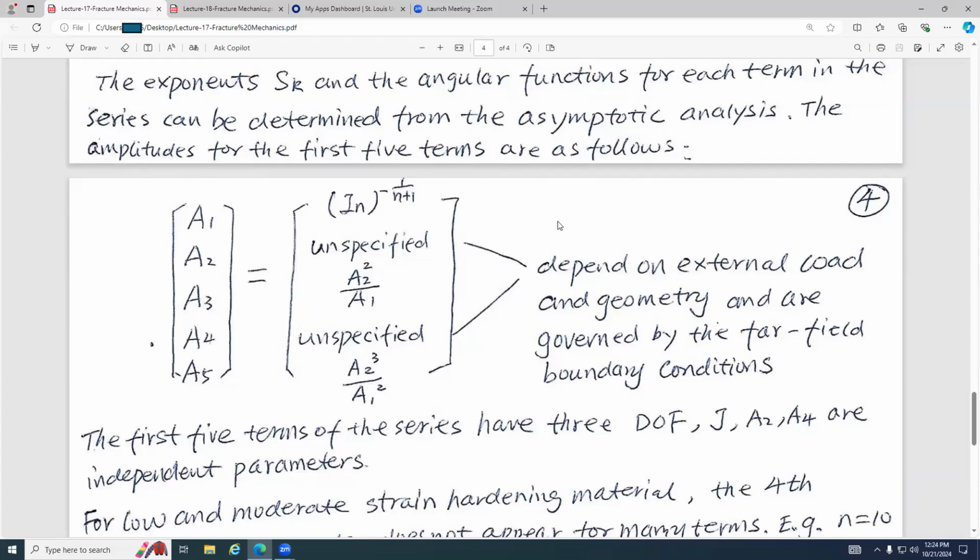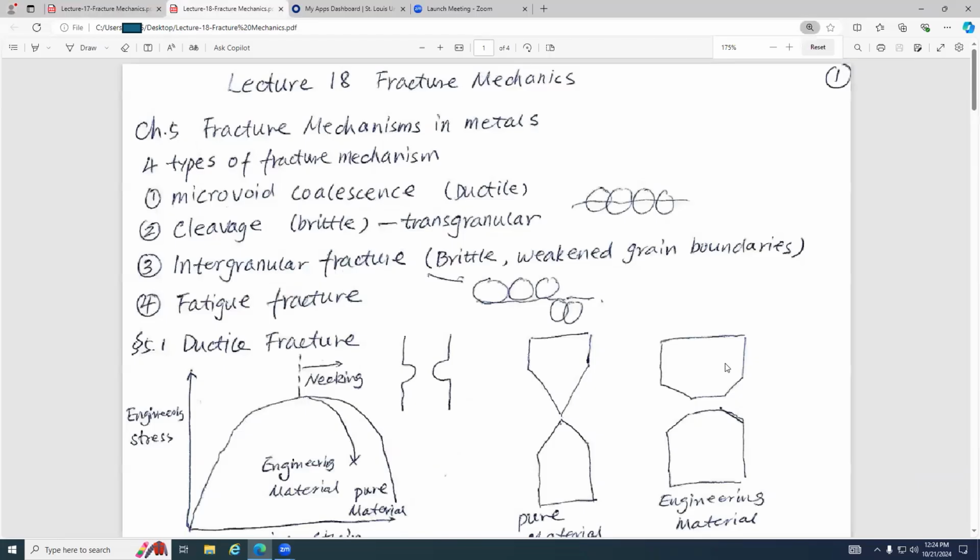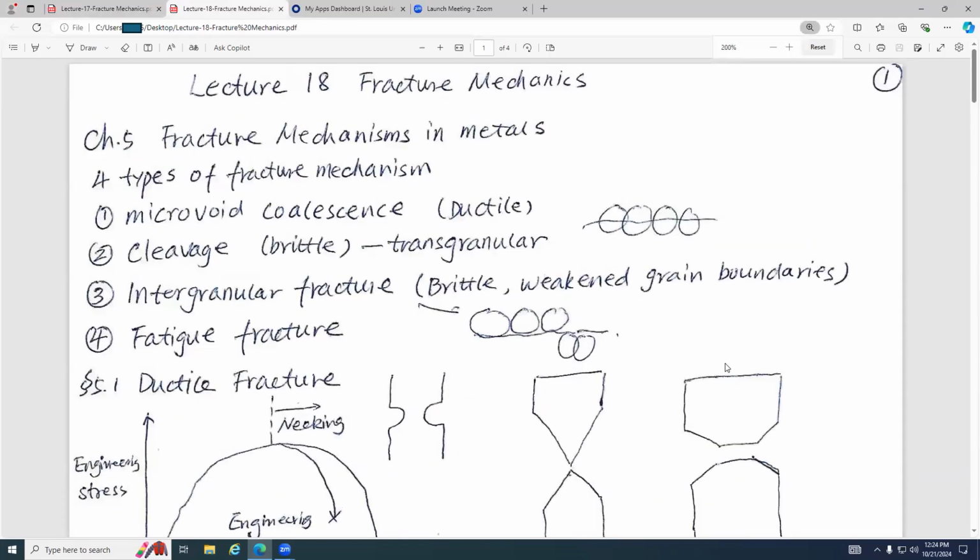The most important and most challenging things we have learned already, and for the following topics, I think you will like them. Any questions regarding K, G, and J, and CTOD and CTOA? If no questions, we are going to switch gears to the next topic.